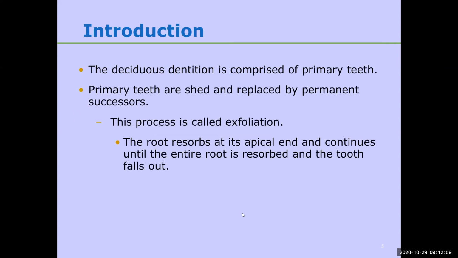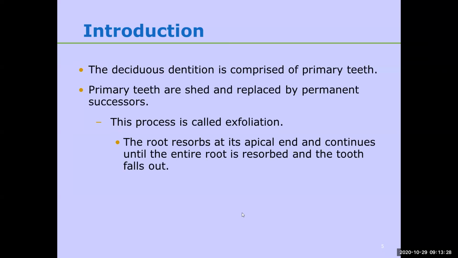So we've got our deciduous dentition, and that's composed of all of the primary teeth or the baby teeth. The primary teeth are shed, they're exfoliated, okay? They're shed and they are replaced by the permanent successors. So the process of all of this is called exfoliation. Exfoliation, you need to know that term.